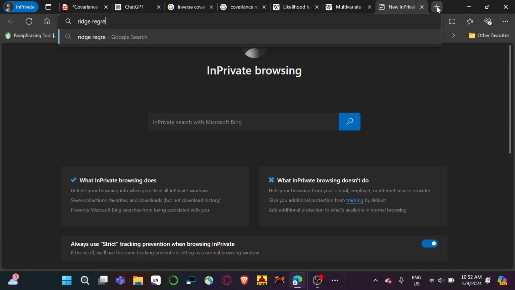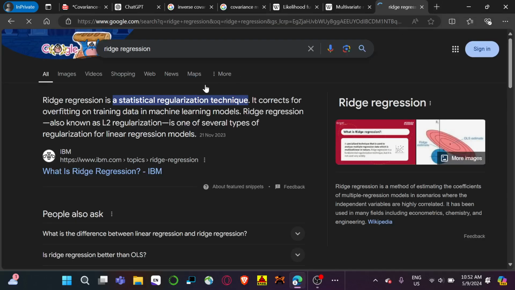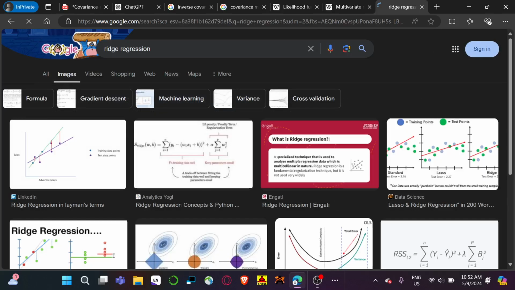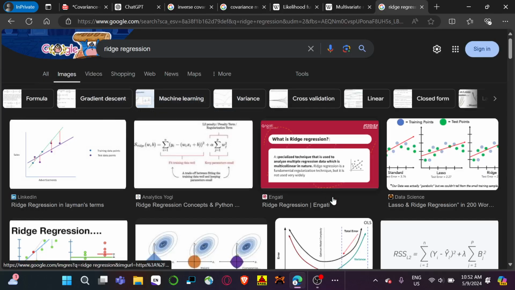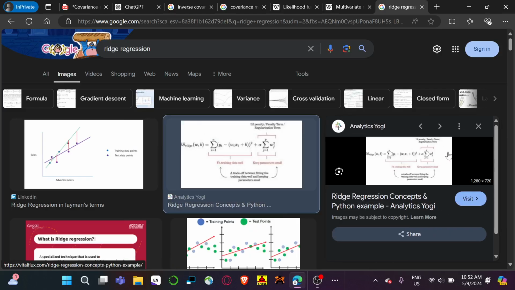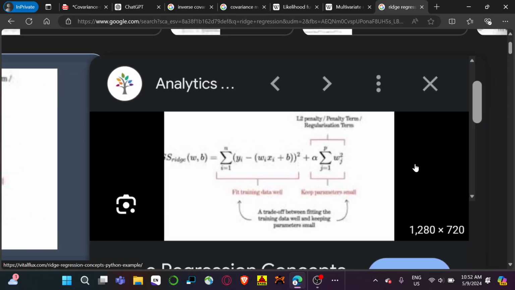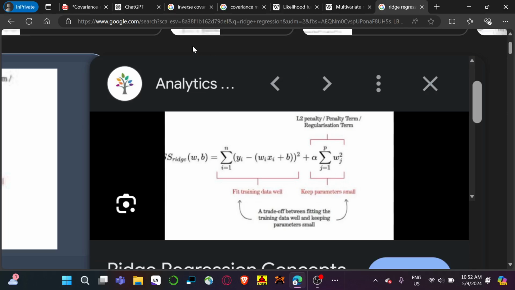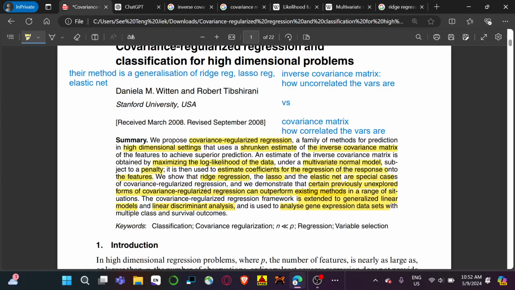So ridge regression, if you know linear regression, it's basically adding in an L2 penalty term right here, and you try to minimize it. It tries to keep the parameter values small by minimizing this. So that's ridge regression.